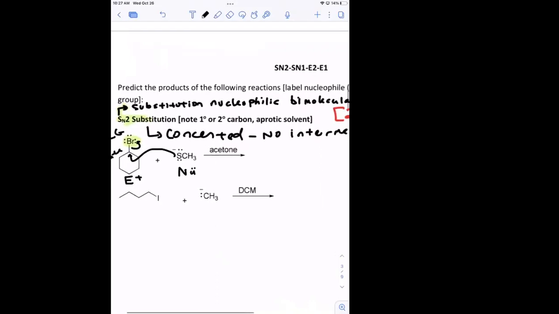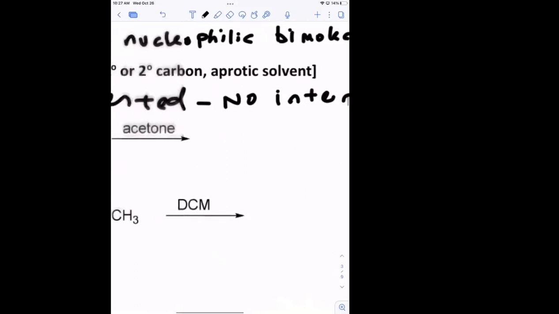So what is now bonded to, excuse me, where bromine is? What's there now? You had it. I saw you writing. The sulfur. All right, we want to write that over here.